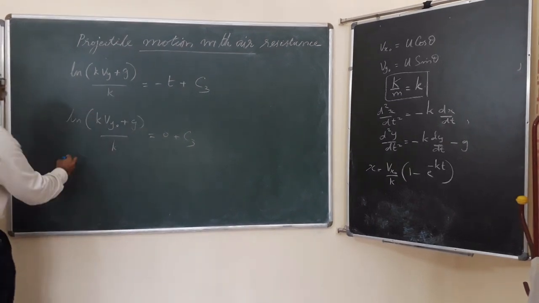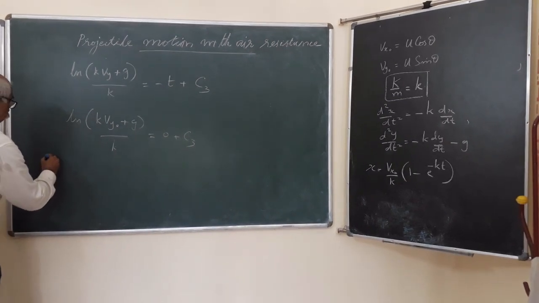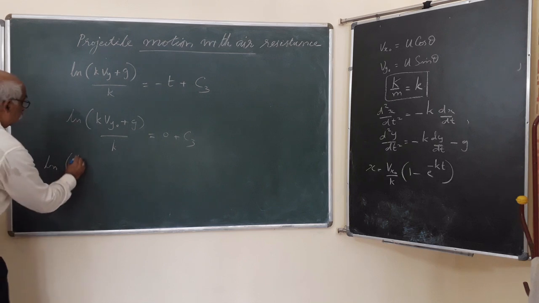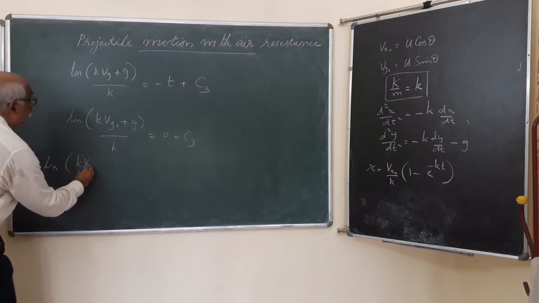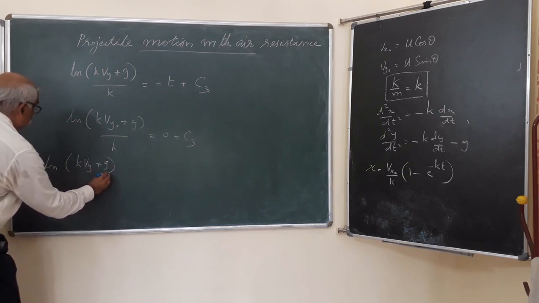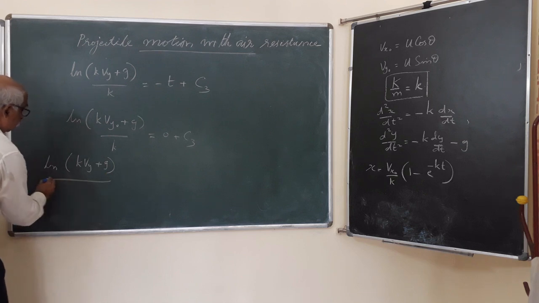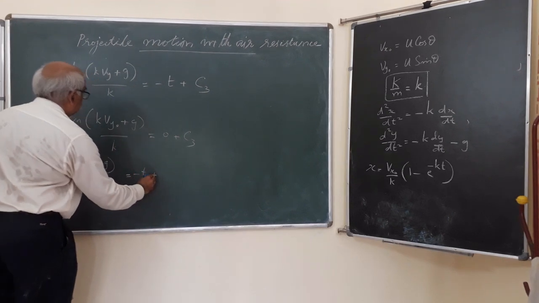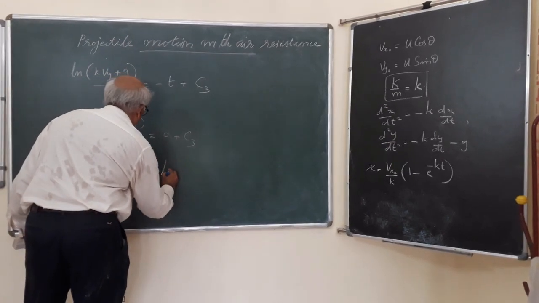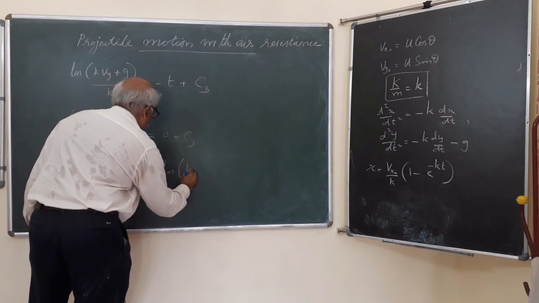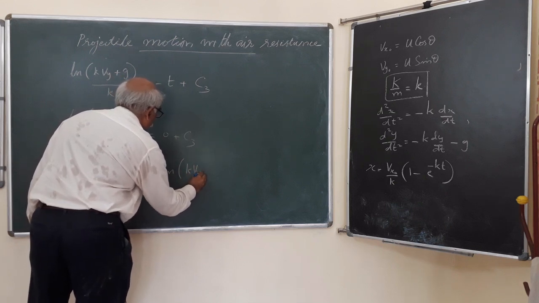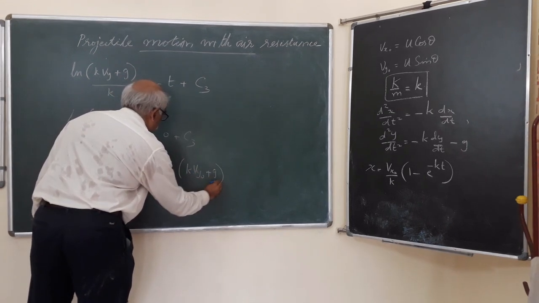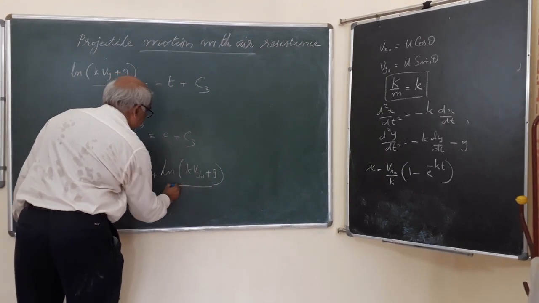So, substituting for C3, we get ln of kVy plus g divided by k is equal to minus t plus ln of kVy0 plus g divided by k.